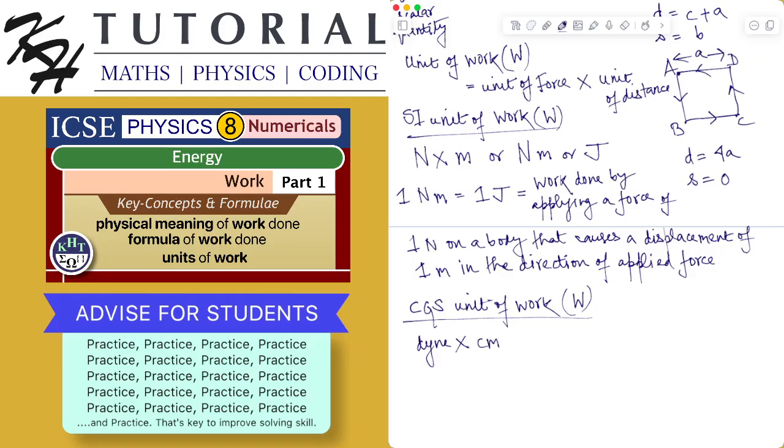So we have dyne centimeter, which is also termed as erg. So one dyne centimeter is equal to 1 erg.